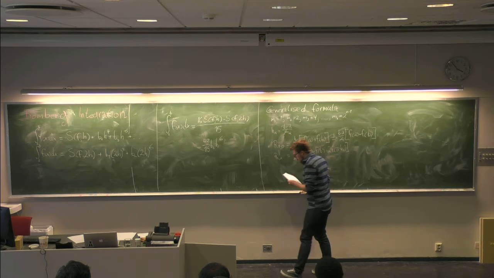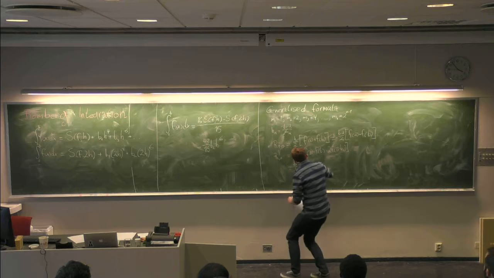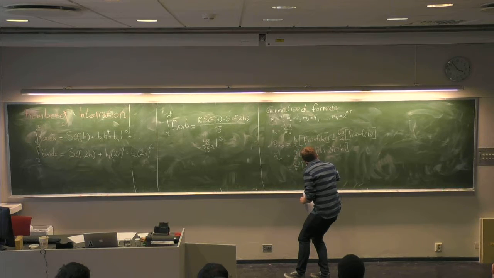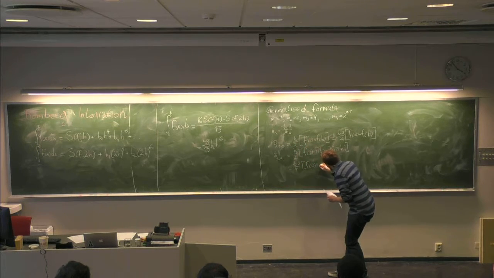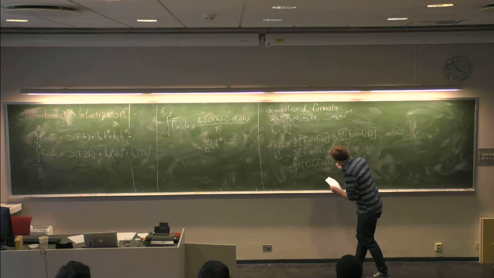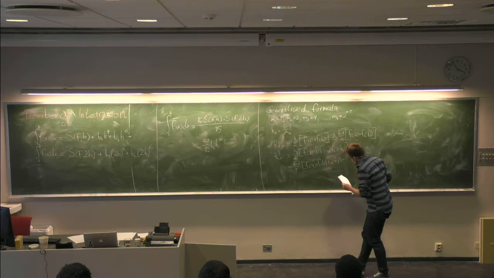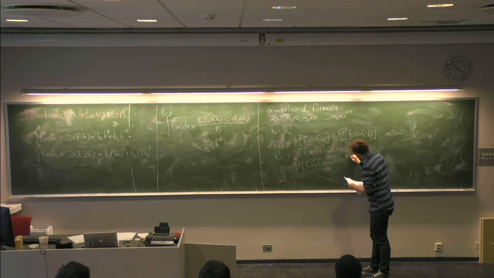So we can rewrite this, and what we get is (b minus a) divided by 4 times f(a) plus f(b) plus 2 f((a plus b) over 2).